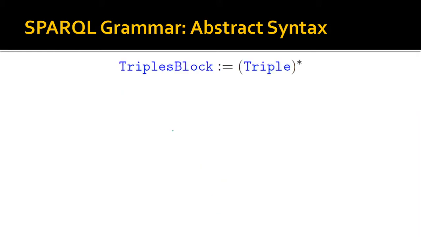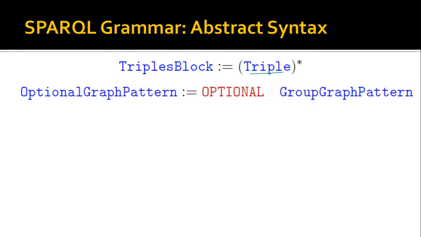Now let us try to expand this triple block. So what is a triple block? The triple block is basically a zero or more than zero occurrence of a triple, right? It can be having multiple triples or it can be having no triple, right? Now the optional graph pattern starts with one optional keyword and it is followed by a group graph pattern. Now you can see that this is a kind of recursive definition.